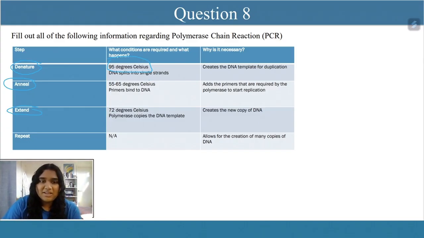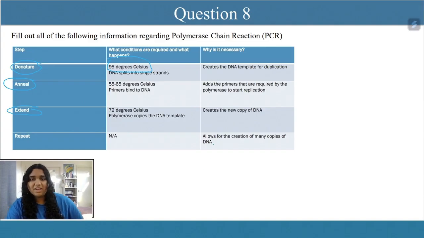And so we heat up the sample once again to a very high temperature, and this time Taq polymerase, or you can just say polymerase. QCAA is not too fussed with the names, but if you want the correct term, it's Taq polymerase, T-A-Q polymerase, copies the DNA template by adding all of the complementary base pairs to the template strands.